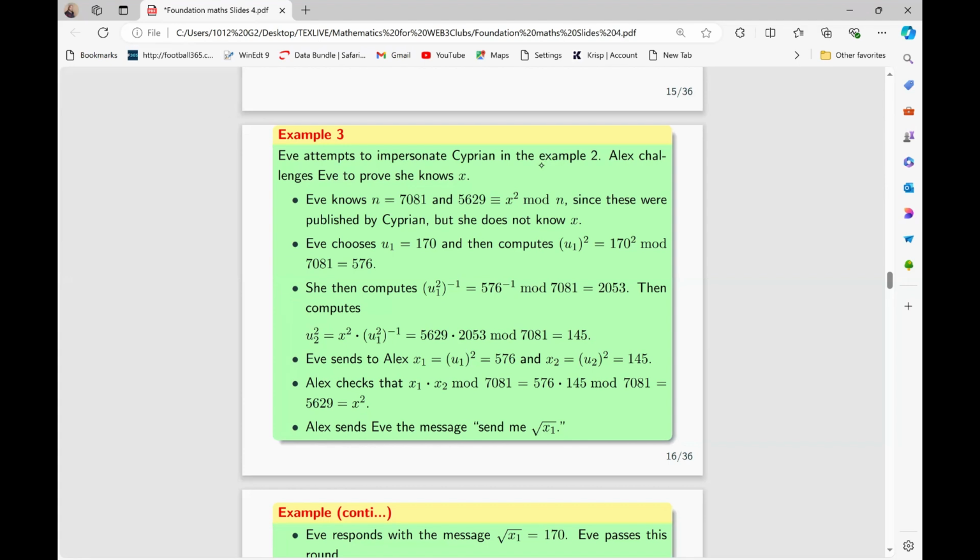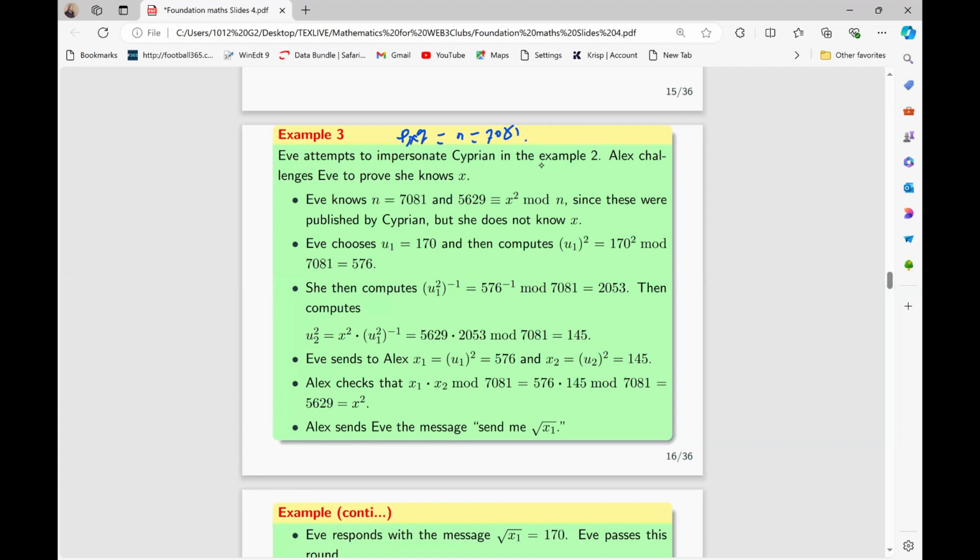They had selected two prime numbers and then gotten the product of those two prime numbers, n, and n was 7081. This 7081 was made public, and since it was made public, the impersonator was in possession of it.